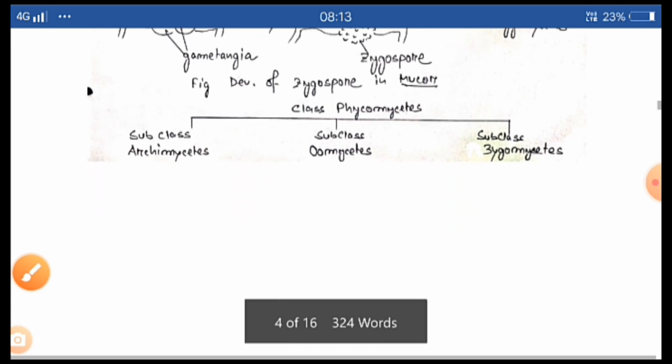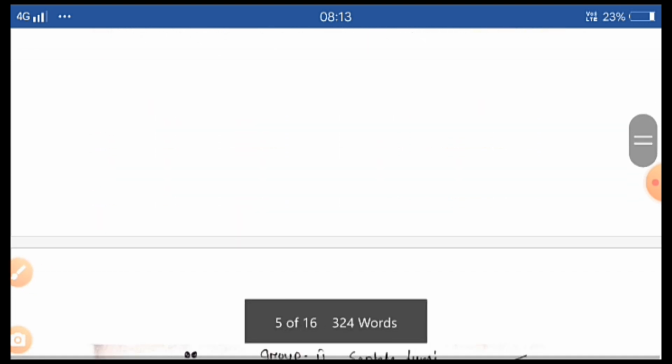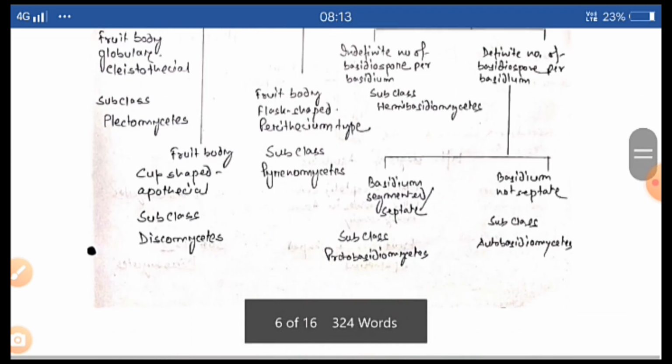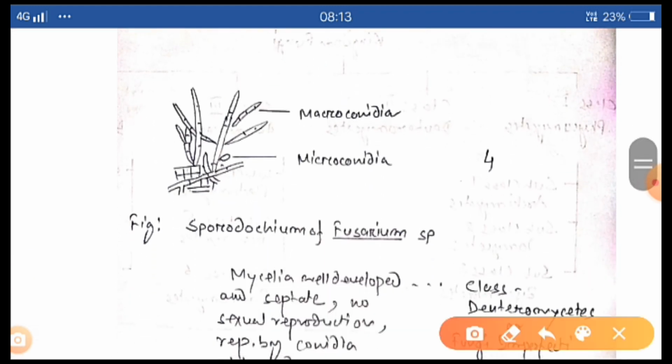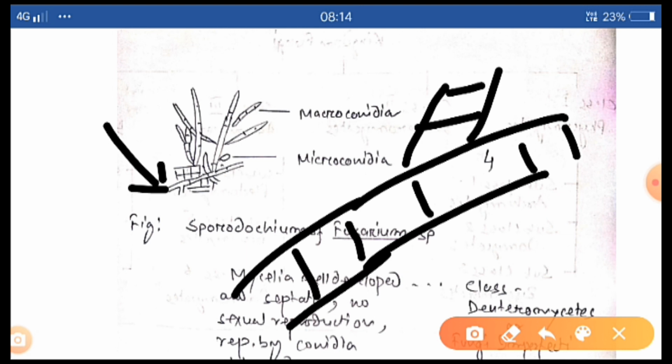Okay, let us proceed to another example. This is a flow sheet. Look at the mycelia. Here the mycelia are well developed and septate. Previously we discussed the non-septate ones.